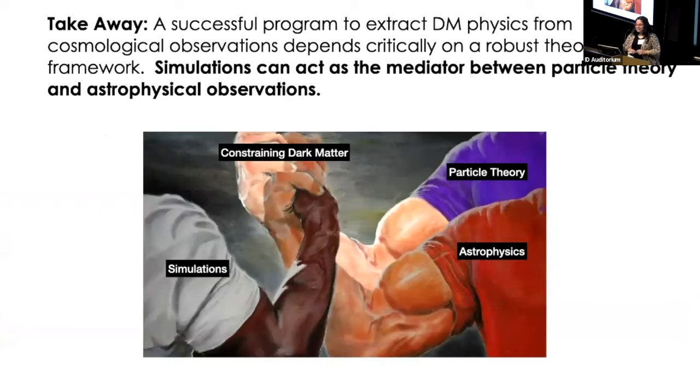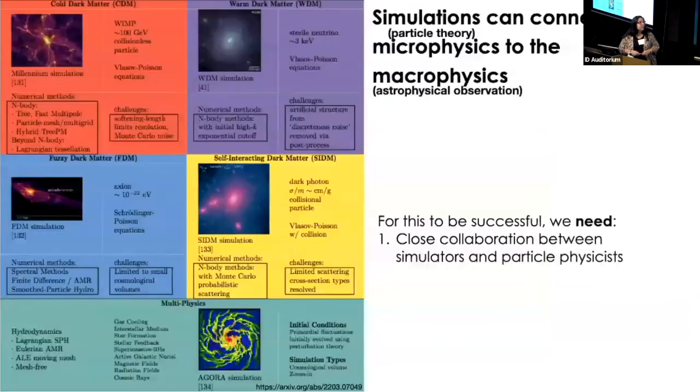And so in the process of writing this paper, we identified particular needs that need to happen in the next decade in order for simulations to connect the microphysics, the particle theory, to the macrophysics, the astrophysical observations that could constrain dark matter. I don't want you to get too caught up in this ginormous picture from the paper, but what I love about this diagram is that it shows us all the different models that people have implemented in simulations.